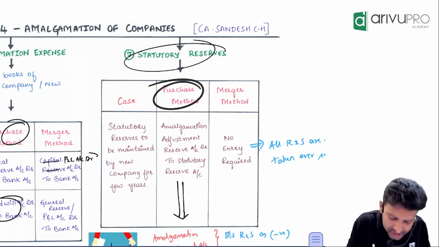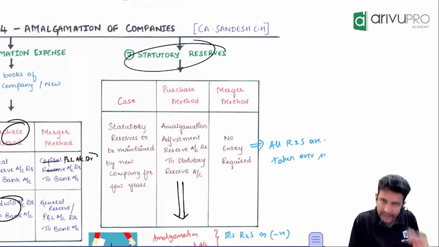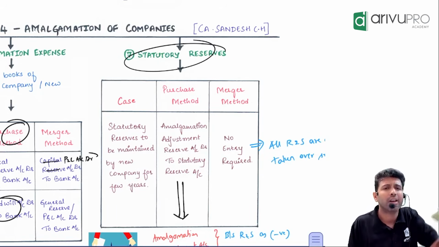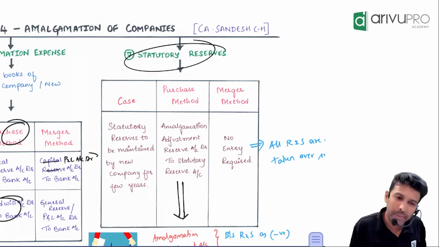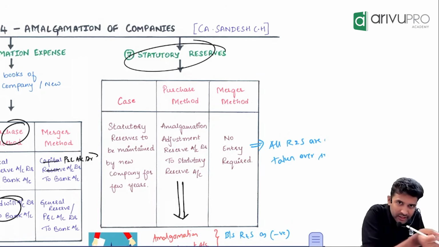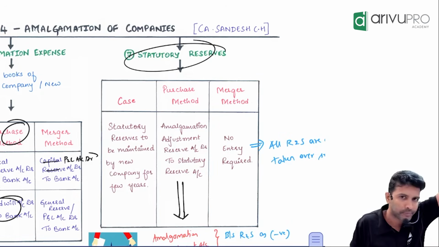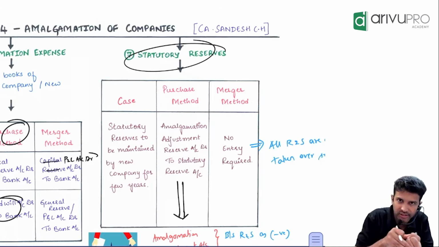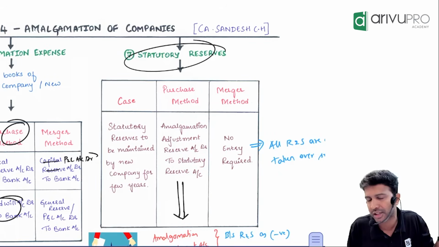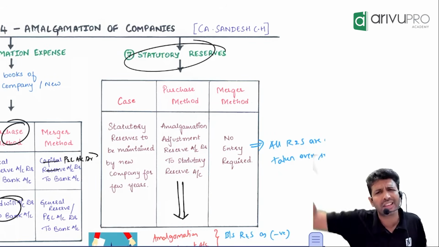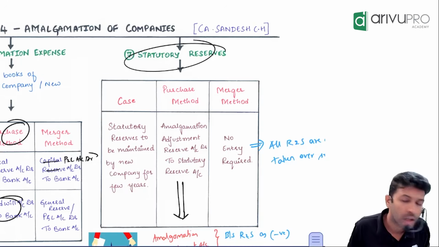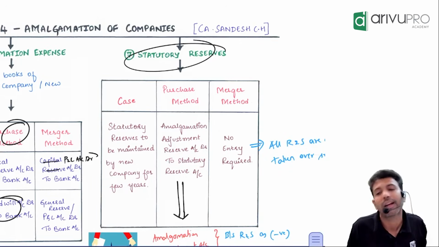Now, under purchase method, for statutory reserve, will any entry come? Yes. Reserve has what balance? Credit balance. The purchasing company has to take this reserve and show it in their balance sheet. Where will you show a reserve in the balance sheet, asset side or liability side? Reserve has a credit balance, right?